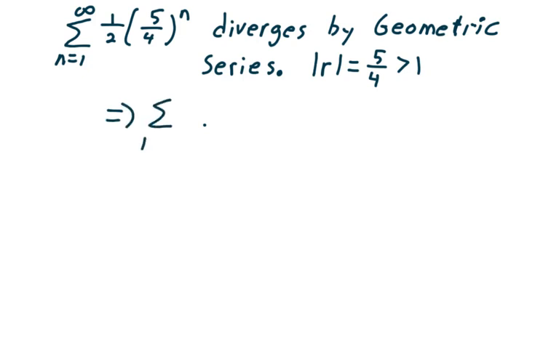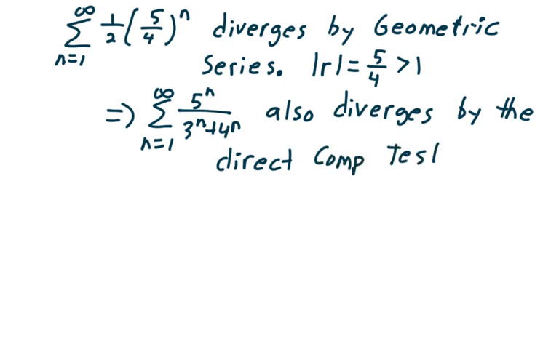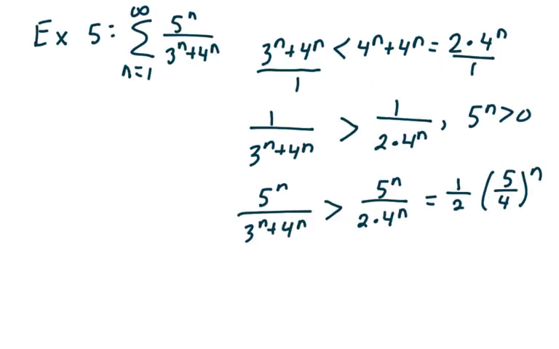So the question is, what does that say about the original series? So we get 5 to the n over 3 to the n plus 4 to the n. This also diverges by the direct comparison test. That's how that works. And that one was example 5.